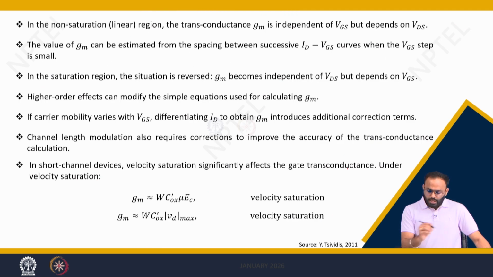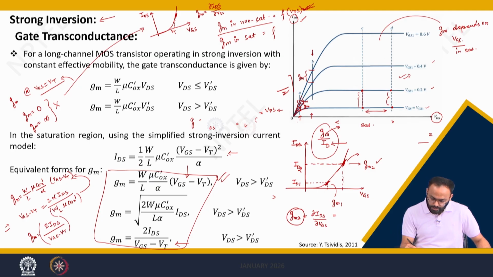Now, this gm calculation depends on several factors. As we have seen, when we are considering this current equation, we have ignored the channel length modulation.